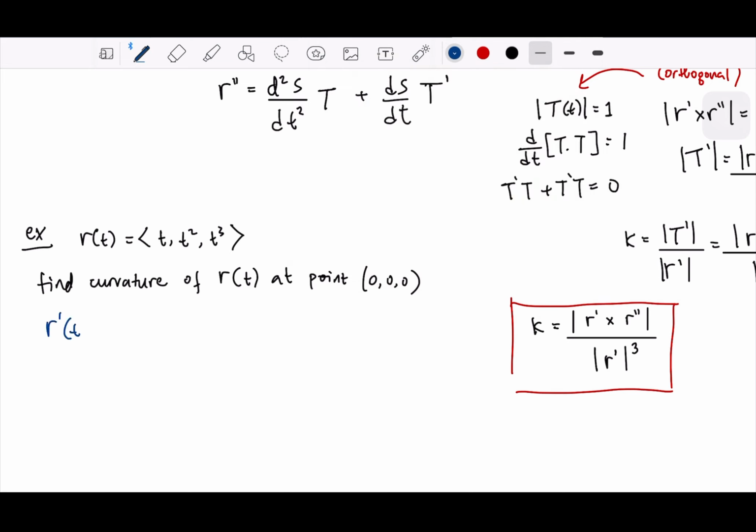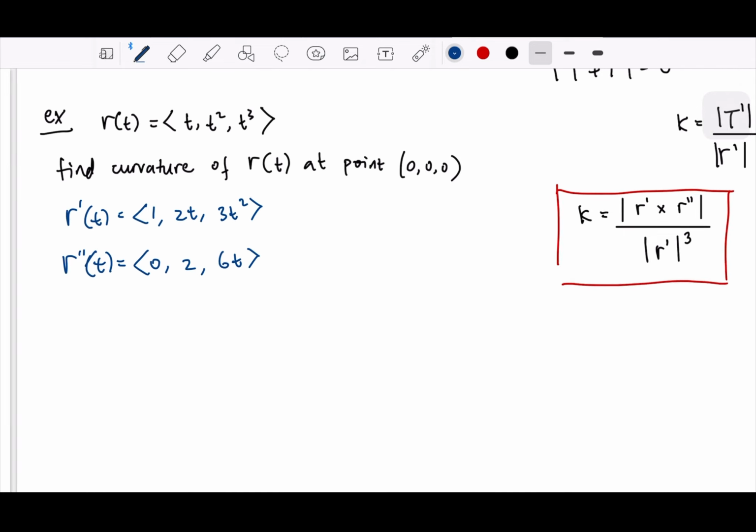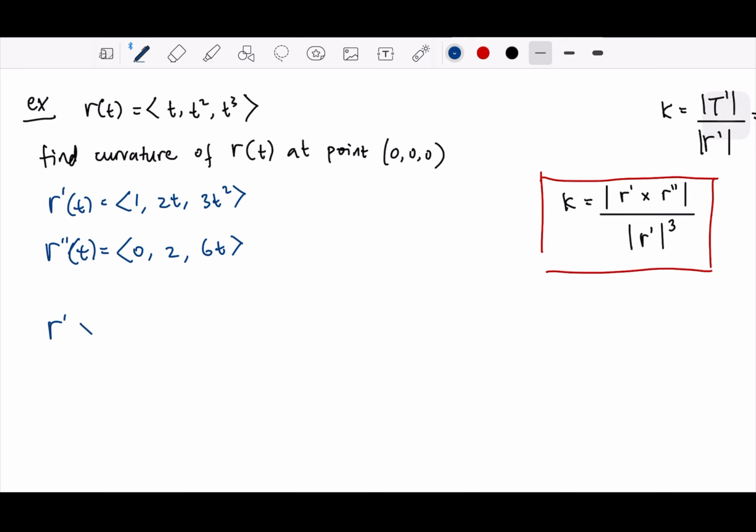So r prime is 1, 2t, 3t squared, and derive once more: 0, 2, 6t. And take the cross product.